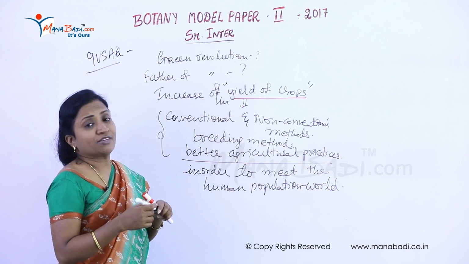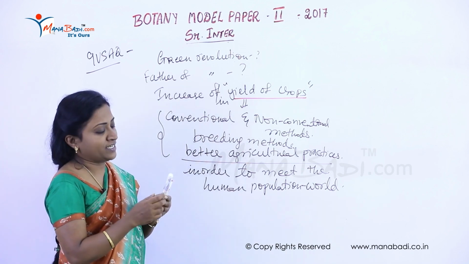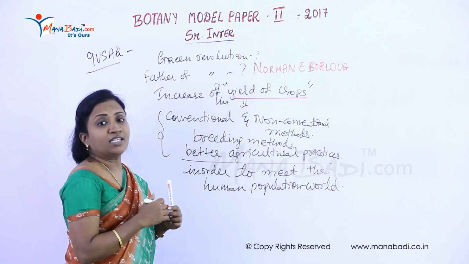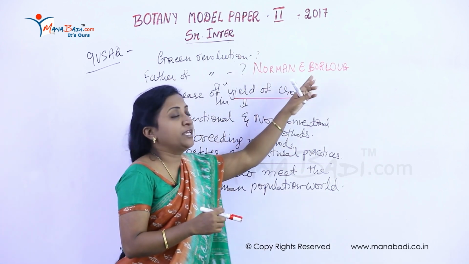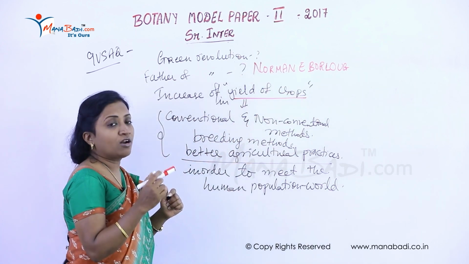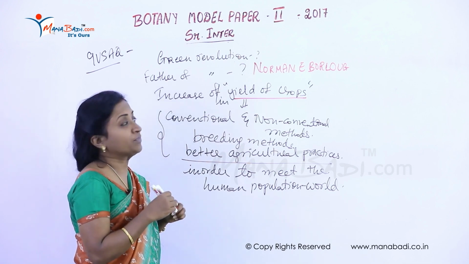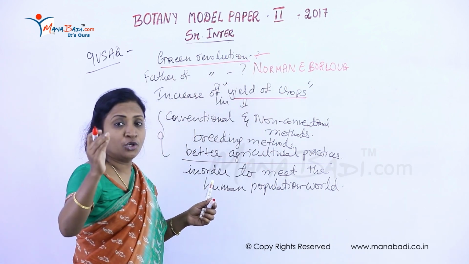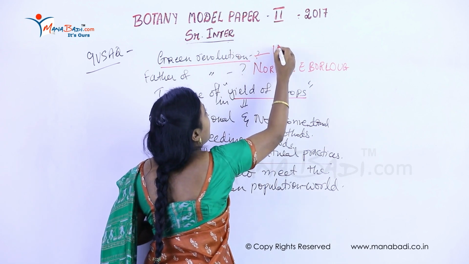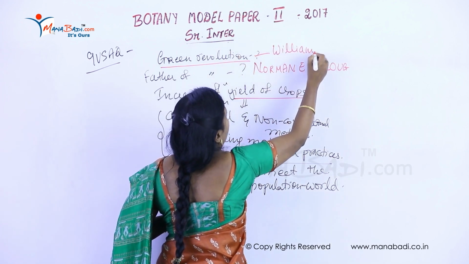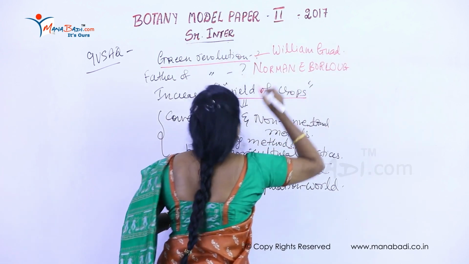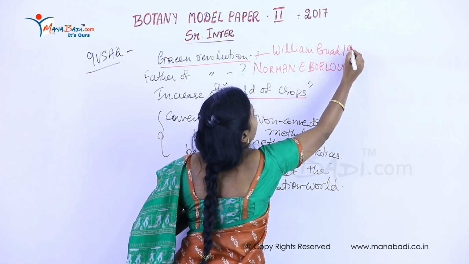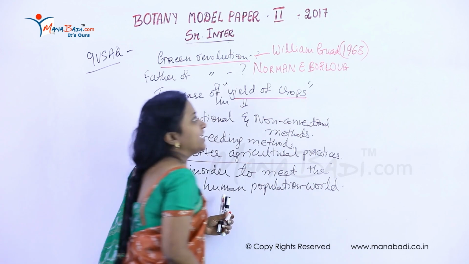Who is the father of green revolution? The father of the green revolution is Norman E. Borlaug. Norman E. Borlaug is the father of green revolution, and the term green revolution was first used by the scientist William Gard in the year 1968.